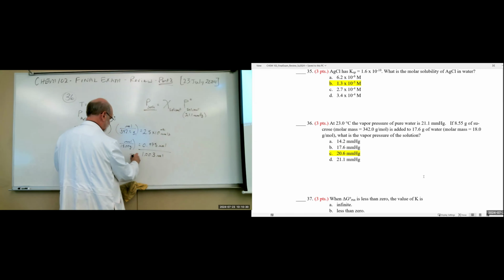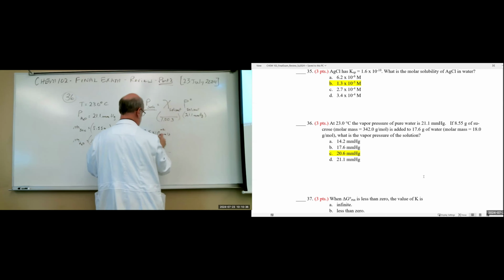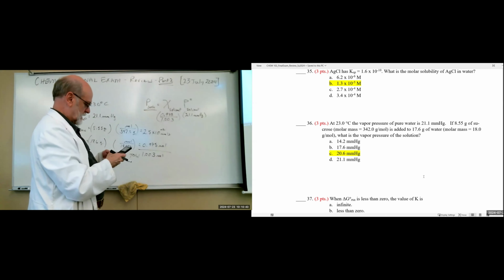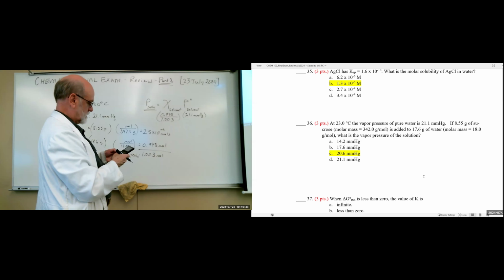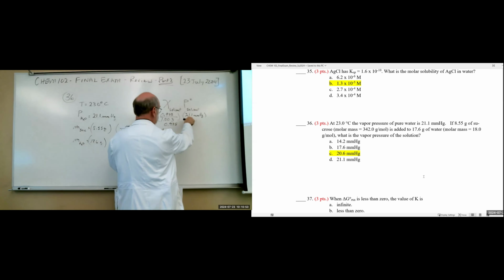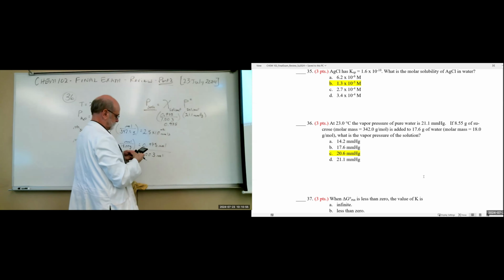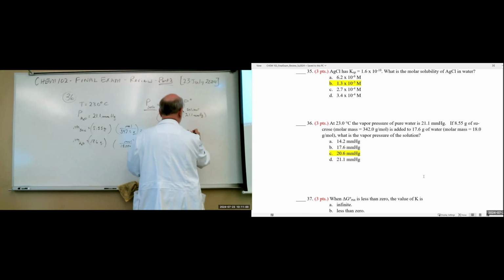That's total. So the mole fraction then is going to have this in the denominator, and in the numerator, 0.978. That fraction is 0.975 times 21.1, which is 20.6. 20.6 millimeters of mercury.